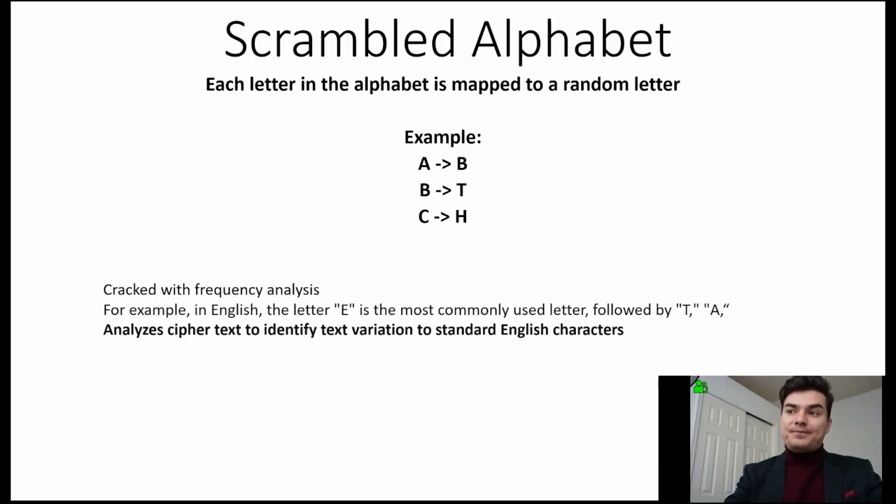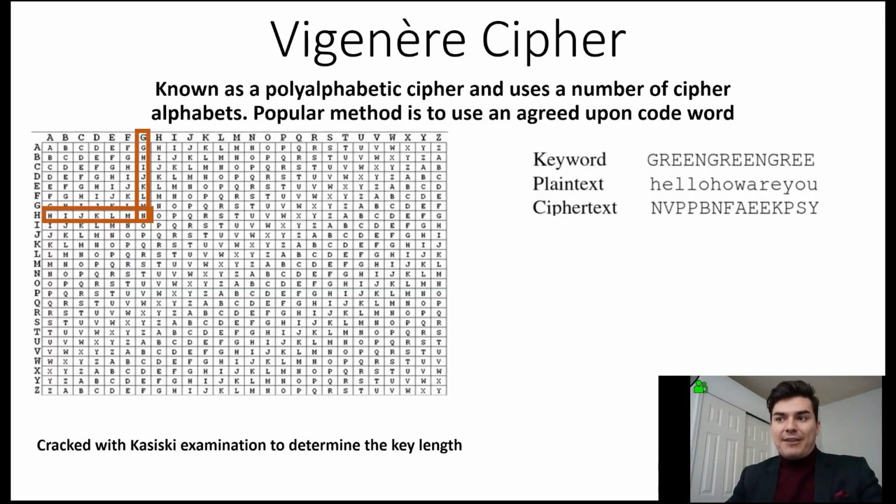The Vigenère cipher, also known as a polyalphabetic cipher, uses a number of cipher alphabets. Its popular method is to use an agreed upon code word. In this option here, we have the keyword of green, and it just repeats to the same length of the plain text.